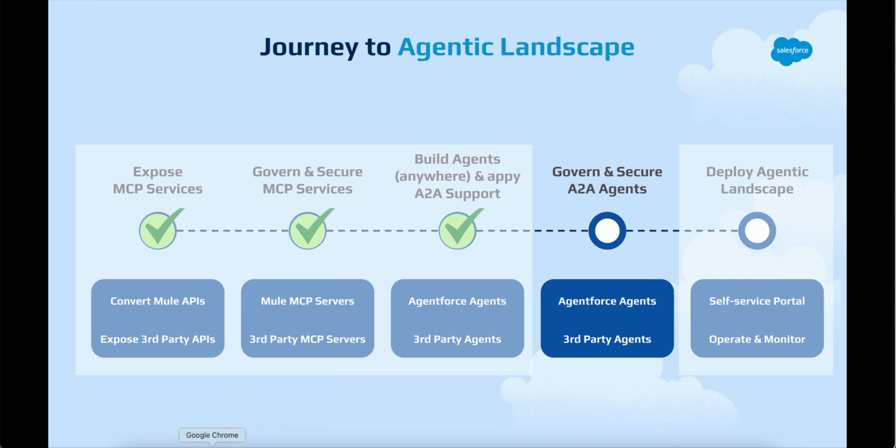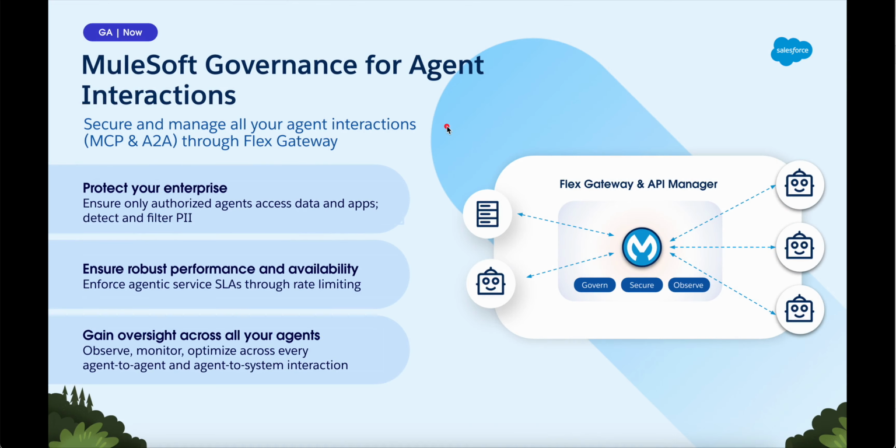So now let's take a quick look at what we have done. Using the Flex gateway, we were able to protect not only our MCP servers, but also now our agents, apply policies based on our organization, control the agent access from any consumer, and even go beyond and provide the same SLA tiers offering you want to offer to your users when they are subscribing to these agents.